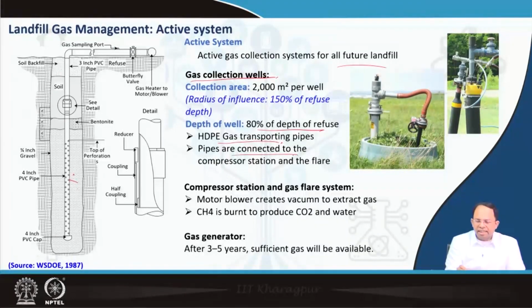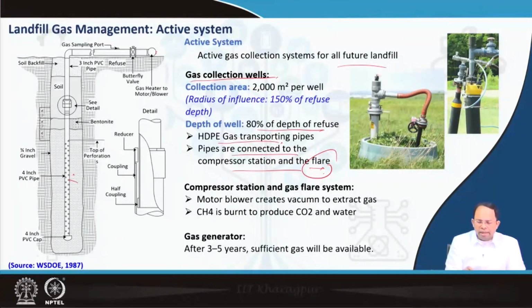Now the pipes are connected to the compressor station. That means there is a compressor pump which creates a vacuum. It will suck the gas inside, and because we are actively controlling this collection of gas, we can either flare it as per the gas collection schedule, or we can transport it to a station where we can collect the gas, clean the gas, and use it for electricity generation.